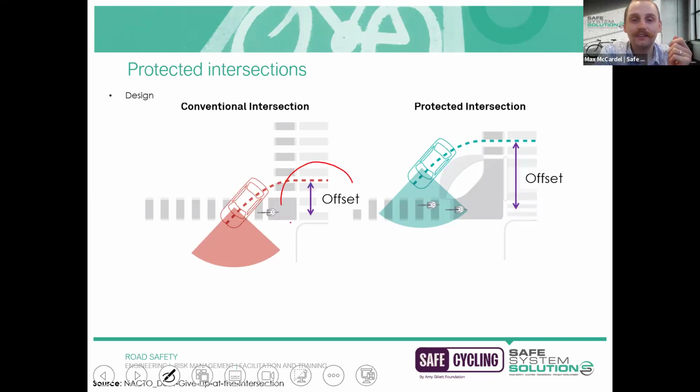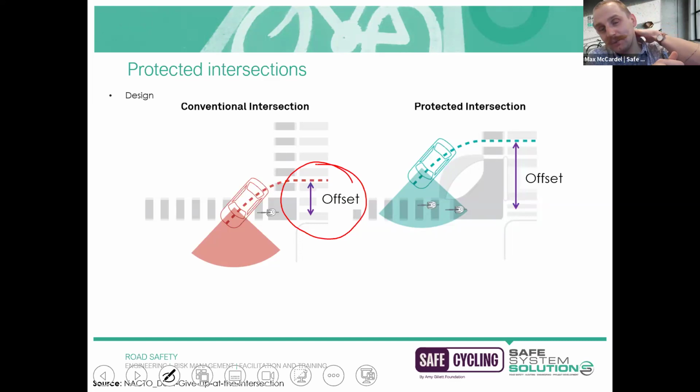The offset that's mentioned in this figure is just the distance between where the cyclist is crossing over and where the left turn lane is. So it's just that width. A protected intersection is deliberately designed to maximize this offset. So it's trying to make that a wider offset.